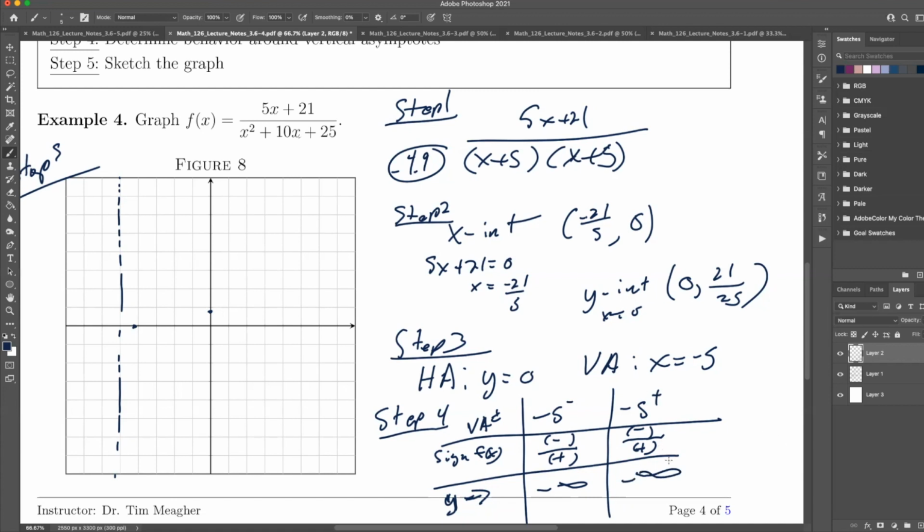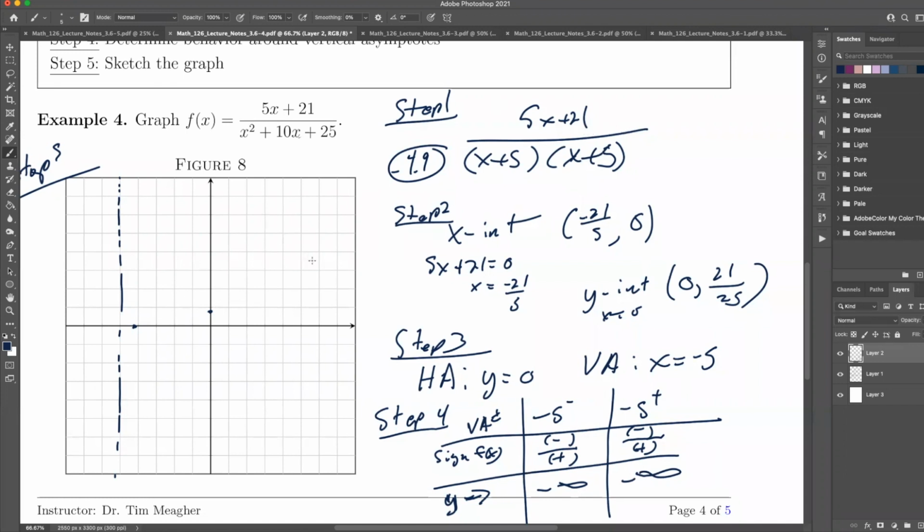Another way to do this, I'll show you when we completely factor it. Both of these will go to -infinity, because this number will get closer and closer to 0, but the sign will always be negative. This will always be positive, and around -5, this is always negative.